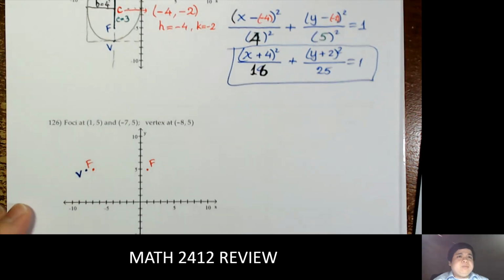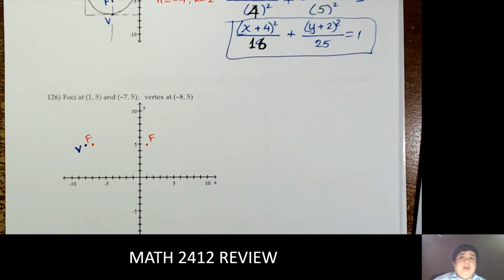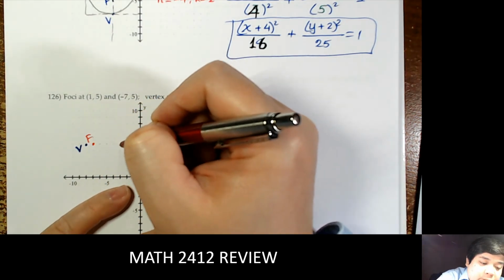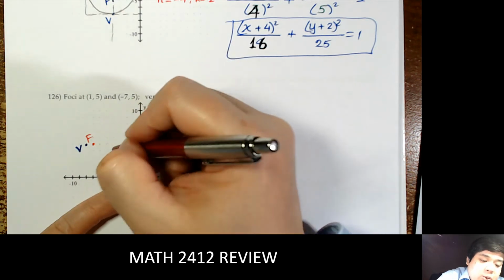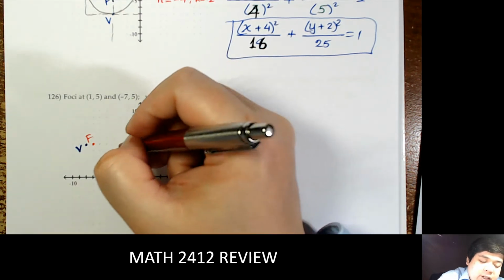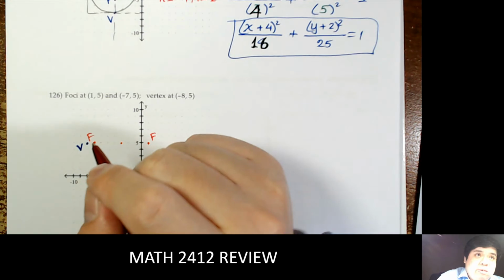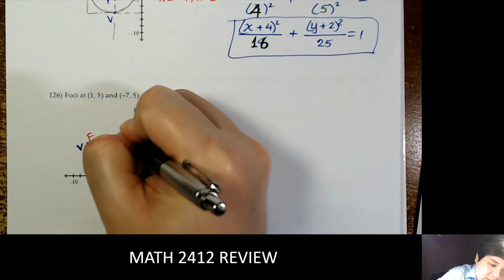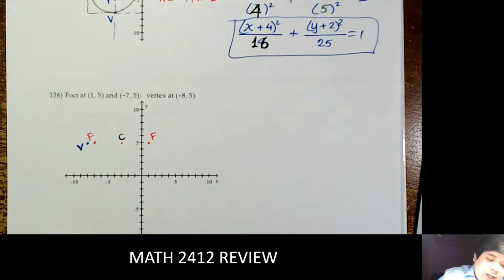Right. So first, the center must be in the middle of the 2 foci and the 2 vertices. So let's count: 1, 2, 3, 4, 5, 6, 7, 8. Cut in half, so it's 4 to the left and 4 to the right to get the foci. So we have the center here, and then the vertices have to be symmetric. Let's find out a, b, and c.